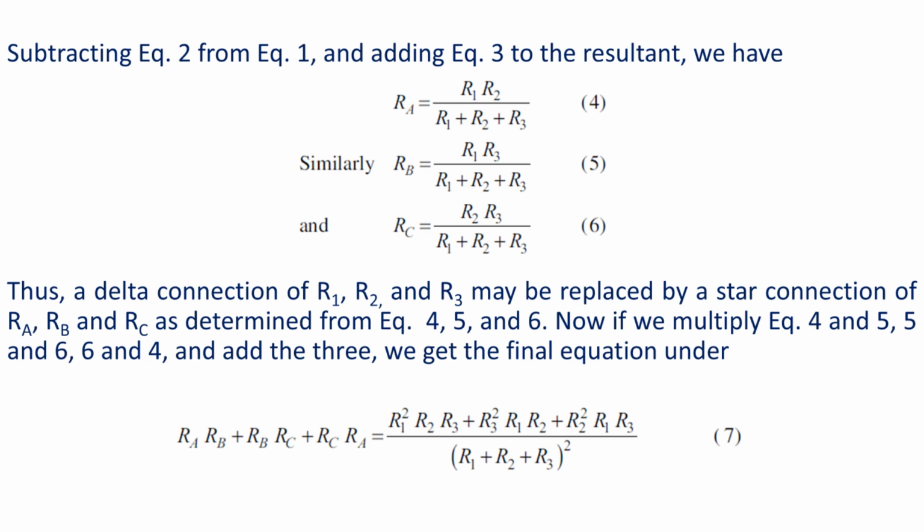Now, if we multiply equations 4 and 5, 5 and 6, 6 and 4 and add these three, we get the final equation as under: RARB plus RBRC plus RCRA is equal to R1 square R2 R3 plus R3 square R1 R2 plus R2 square R1 R3 by R1 plus R2 plus R3 whole square.